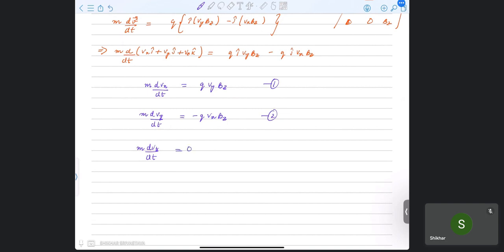Okay, so there is no force in z direction. So the magnetic field will not exert any force in direction parallel to the magnetic field. It will only exert force in the plane perpendicular to z, that is in x and y we will have some force.